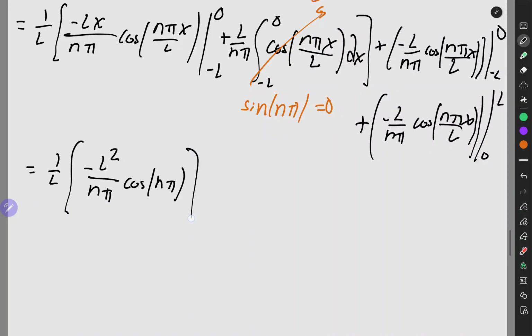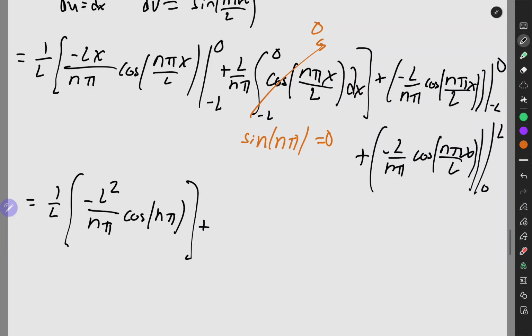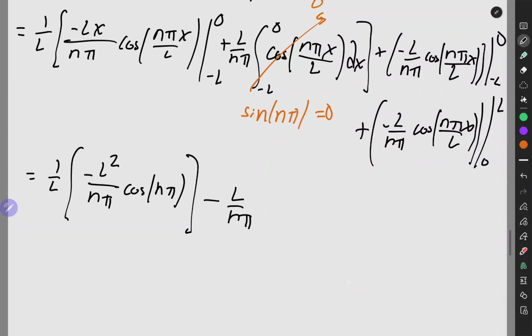And then we have the next term. Plug in a 0. That would be minus L over n pi. Is that plus? Wait.